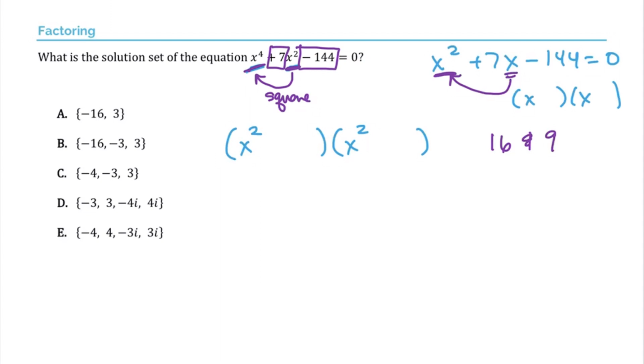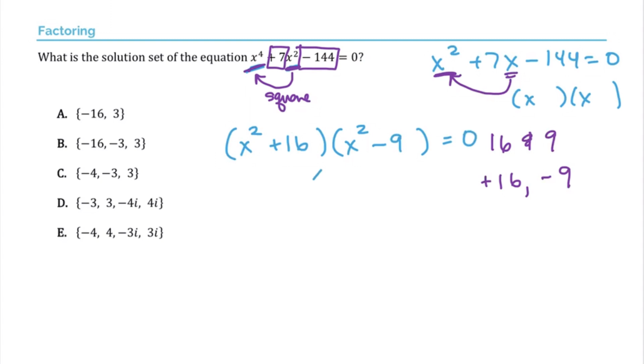So 16 has to be the positive one and 9 has to be the negative one, because when I add them together, it should still be a positive number. And if I did the reverse, if 16 was negative and I added 9, I would still have a negative number. So I need to put a plus 16 here, and a minus 9 here, and do not forget that they still equal 0.